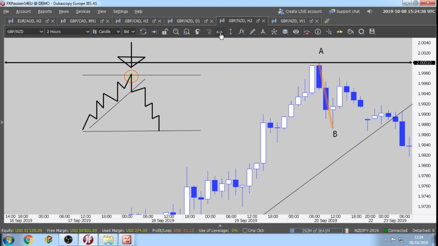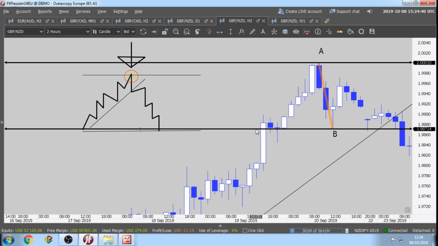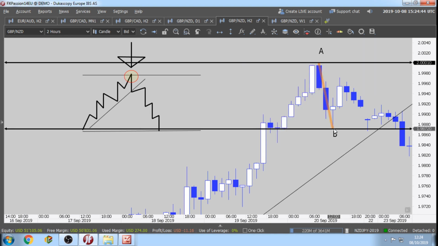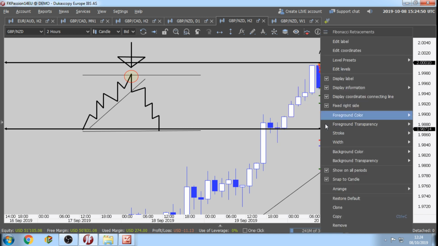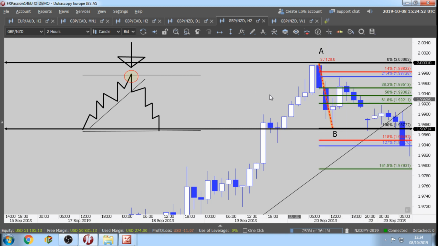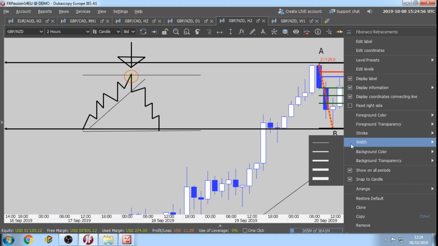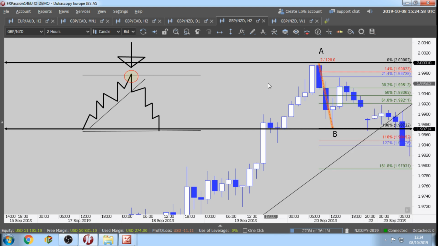Horizontal line on the A, horizontal line on the B, Fibonacci retracement tool, and I'm going to spread from B to the A. If you want, you can fix it on the right side. And let me see. Better like this. Okay.